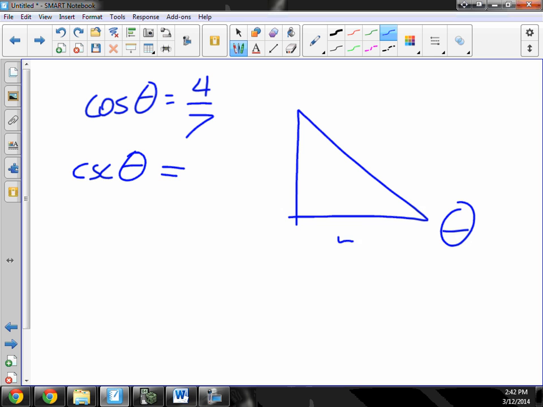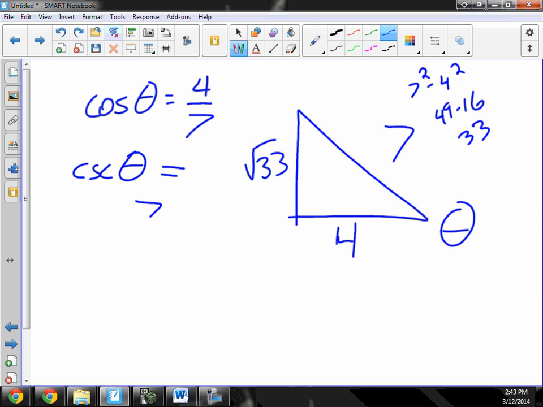Adjacent is 4. Hypotenuse is 7. So 7 squared minus 4 squared. 49 minus 16 is 33. So this is the square root of 33. So the cosecant is defined by hypotenuse over opposite. So 7 over root 33.